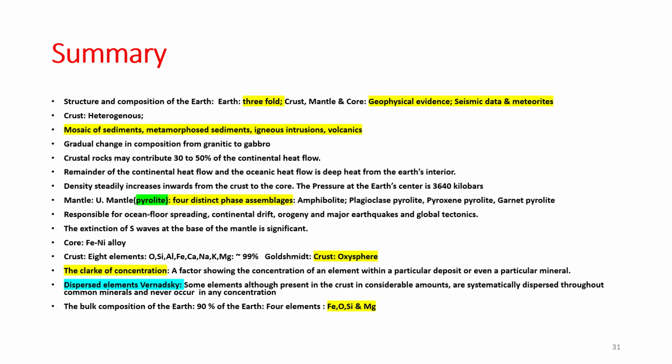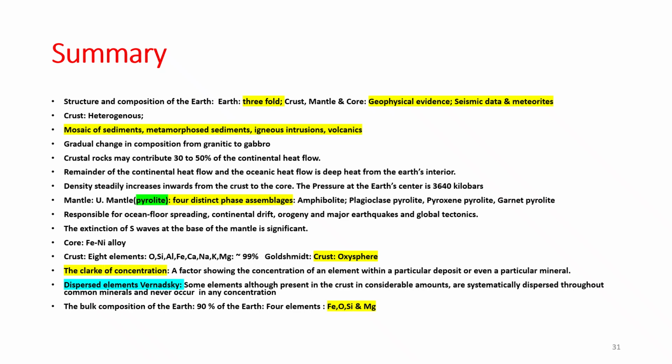Overall, the crust constitutes 8 elements: oxygen, followed by silicon, iron, calcium, sodium, potassium, and magnesium. And they make up about 99%. As per Goldschmidt's suggestion, the crust is also known as the oxysphere. The Clarke of concentration is a factor showing the concentration of an element within a particular deposit or even within a particular mineral.